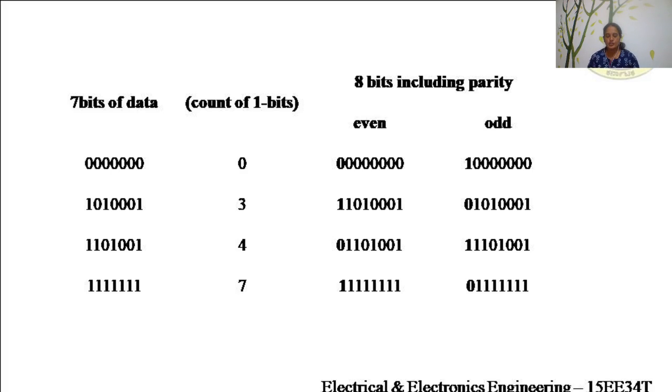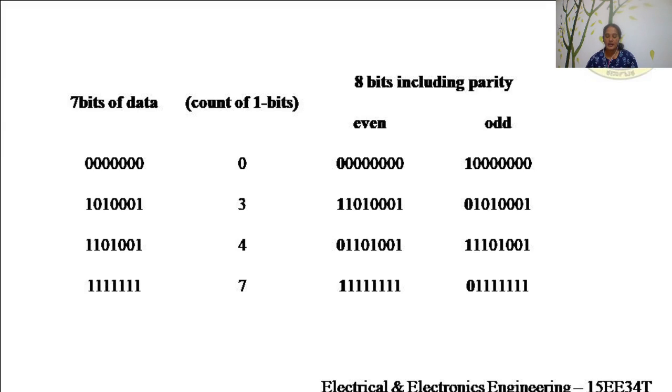In the table shown, the first column shows 7-bit data, second column shows number of ones in the data, third column shows the 8-bit data after including the parity bit both for even parity as well as odd parity. In the first case, for the data 0000000, which is 7 bits, number of ones is 0.